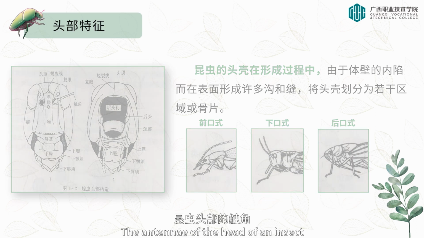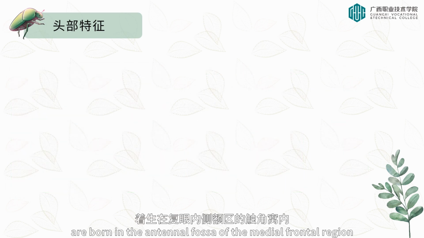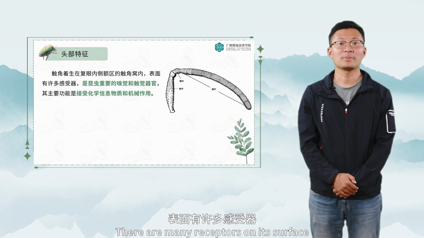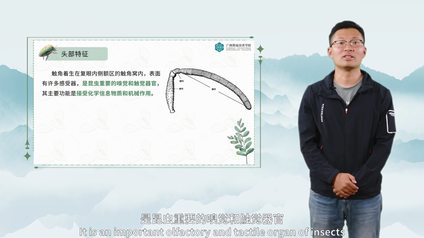The antennae of an insect head are born in the antennal fossa of the medial frontal region of the compound eye. There are many receptors on its surface. It is an important olfactory and tactile organ of insects.